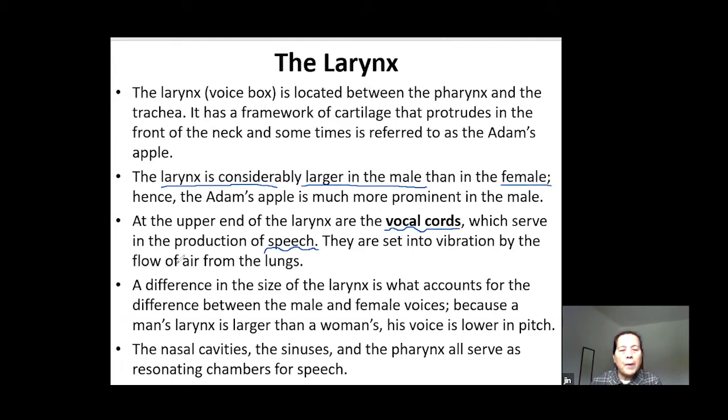So that's basically the air flowing out, coming from the lung, especially passing the vocal cord area, and then making the voice. That's why we can speak. Certainly if you put your hand over your voice box area, you can feel the vibration there.